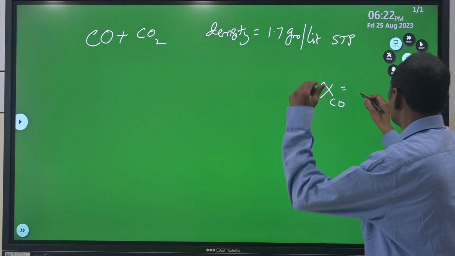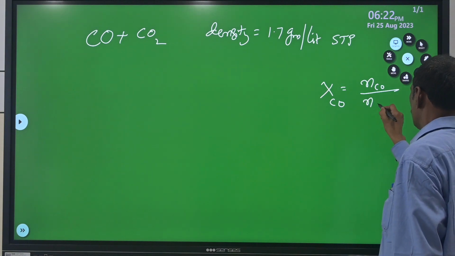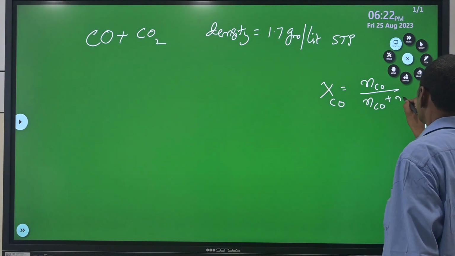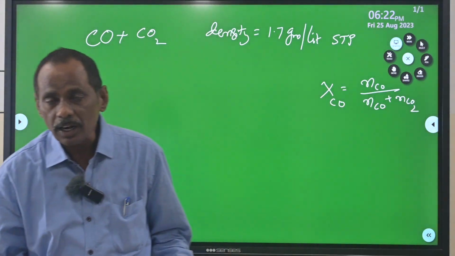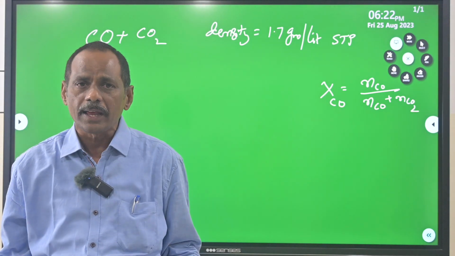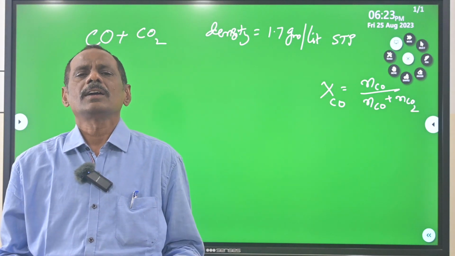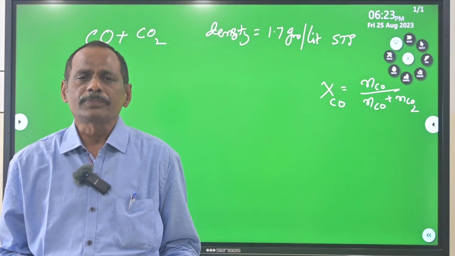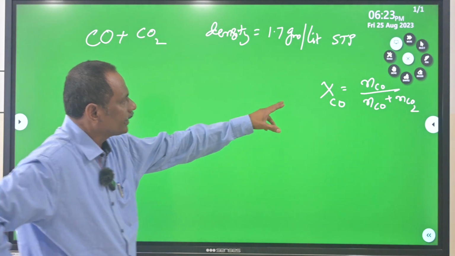Mole fraction of CO is equal to the number of moles of CO by the total mole number, that is number of moles of CO plus number of moles of CO2. But the number of moles are not given. Even the weights of carbon monoxide and carbon dioxide are not given. So without knowing either the weight or the number of moles of the gases, how can we calculate the mole fraction?